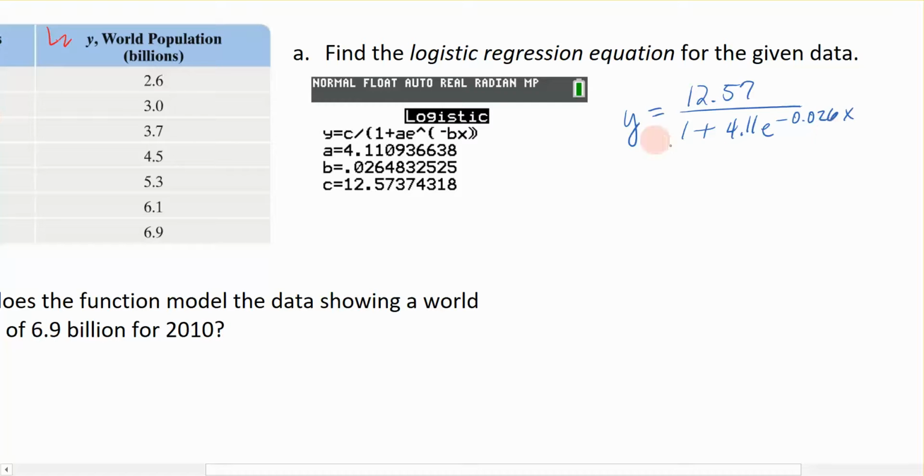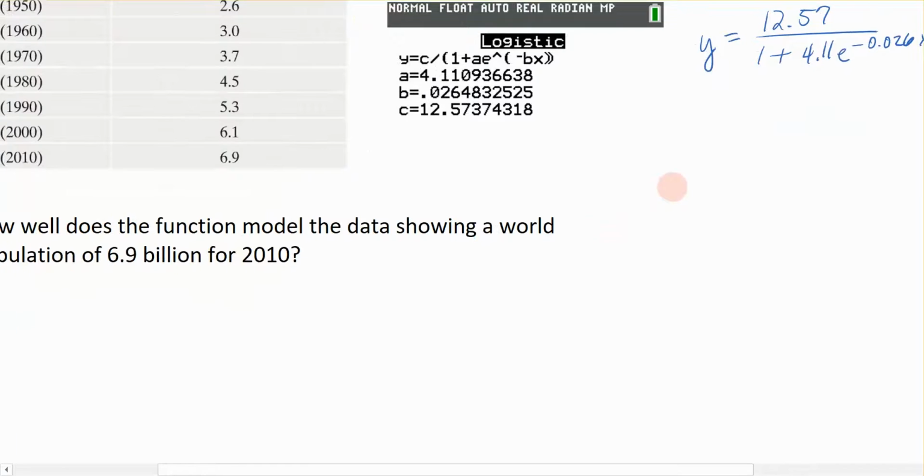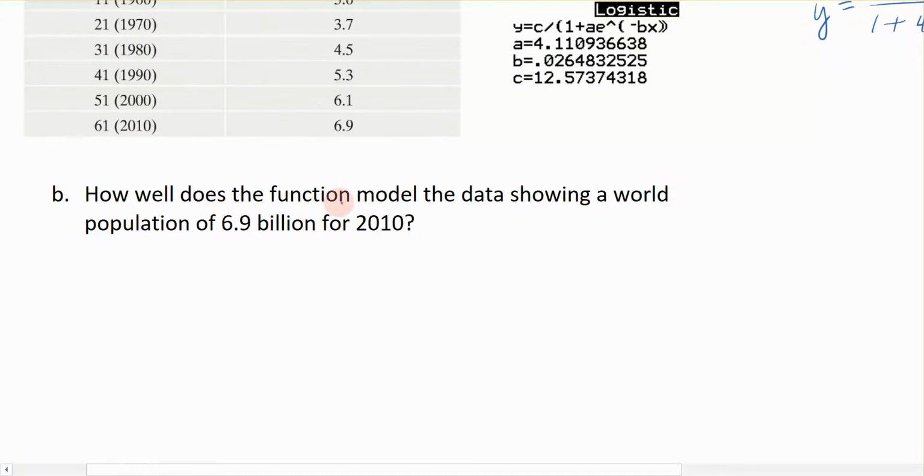This function right here is written in some form that we can recognize, and this is a logistic equation, and it models growth that eventually is going to cap out. Now the second part of my question says, how well does that function model the data that's being shown from the table?